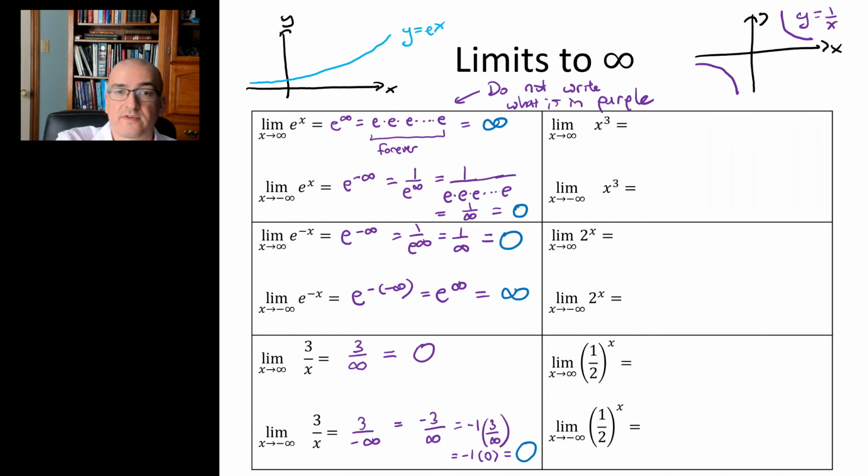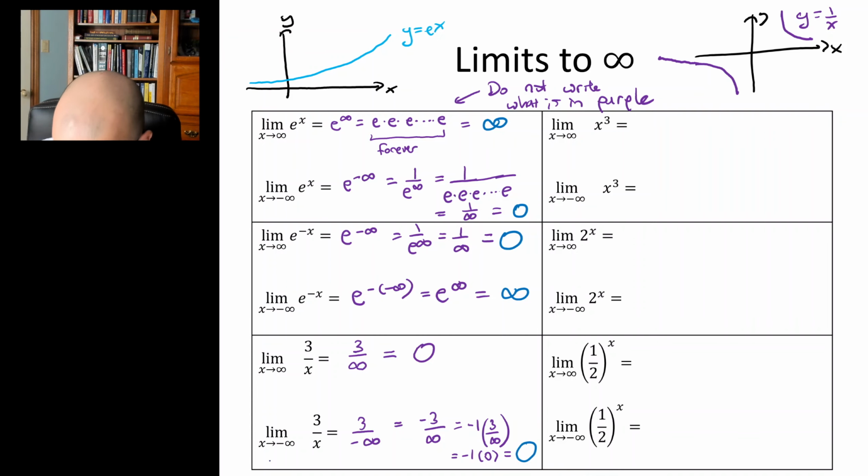As you go to the left, you're on the other piece of this function, and the y value is also approaching 0. It's approaching 0 from below. It's closer and closer and closer. But it is going to approach that y value of 0 as x goes to negative infinity. So that's why both of these limits, from positive and negative infinity, of 3 over x give you 0.